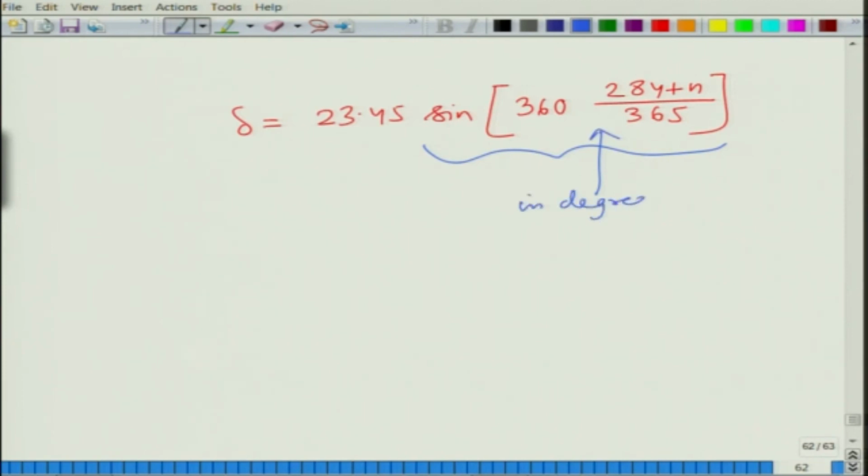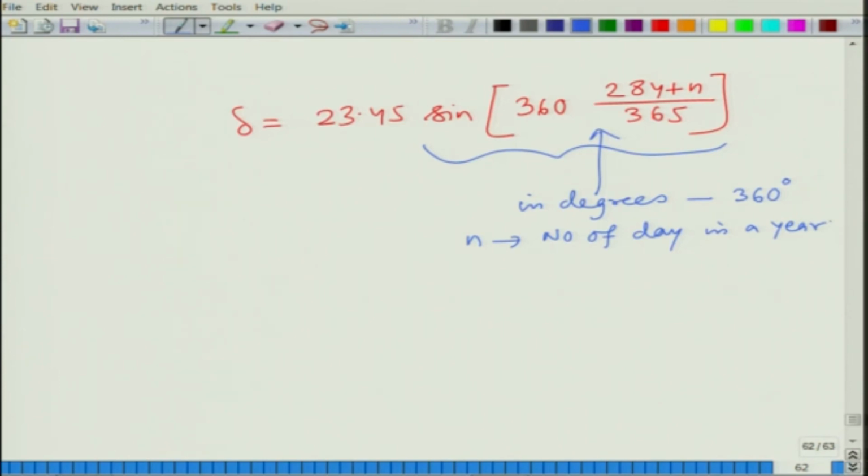You can see this from the quantity 360, that is the limit of a revolution, 360 degrees. And what is the other part? This n again is the number of day in a year. This we have seen earlier.